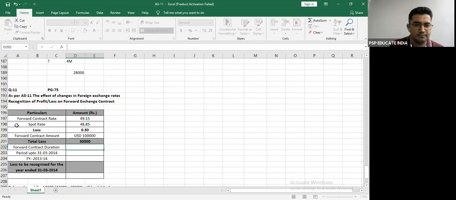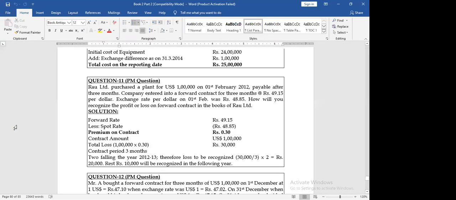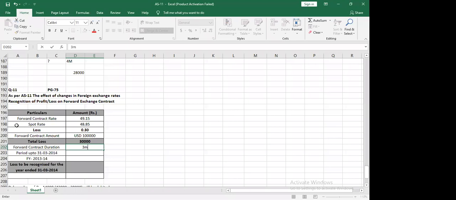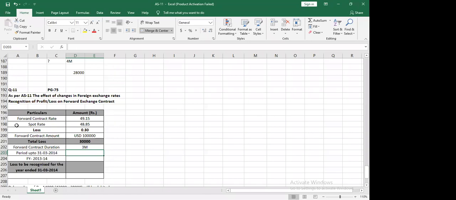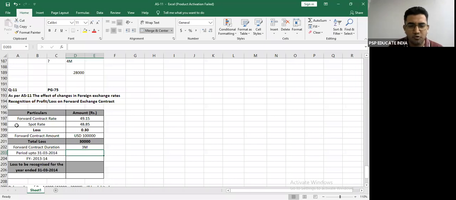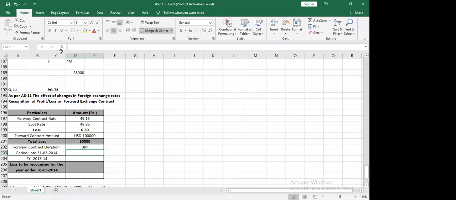Okay. You get how much? 30,000. What's your duration of the contract? 3 months. When did your contract start? 1st February. When will it end? 1st May. Is any important date coming in between the two? 31st March.